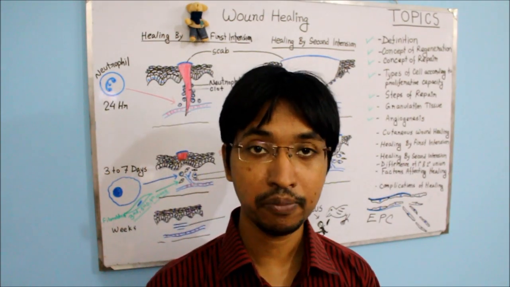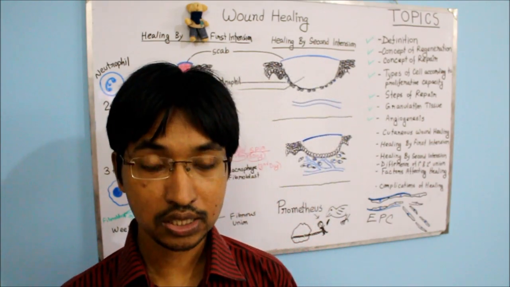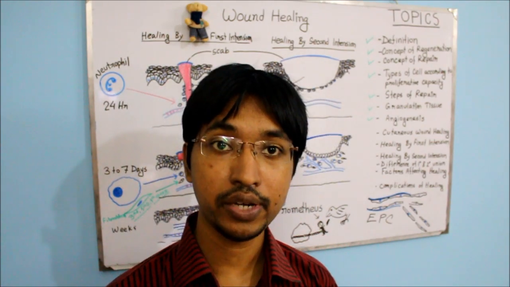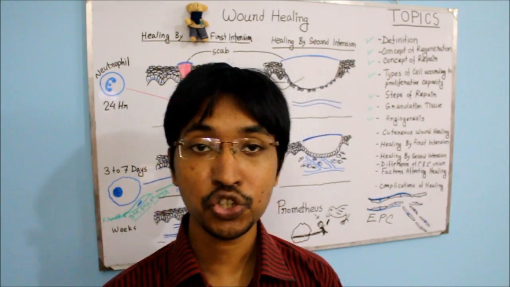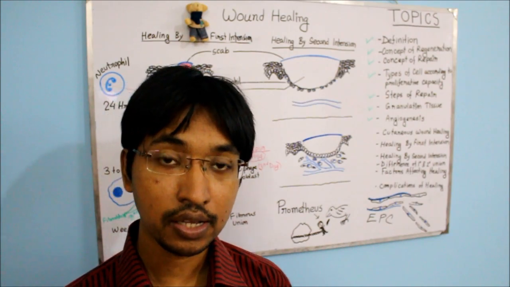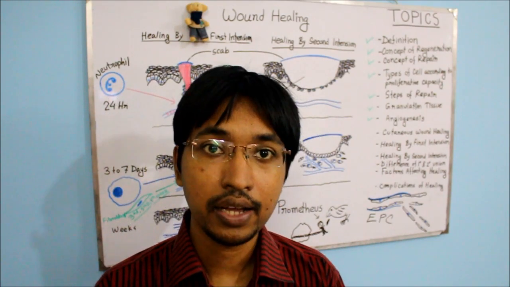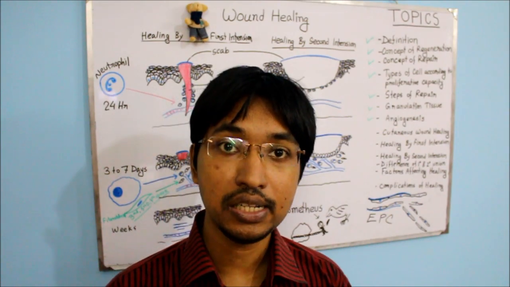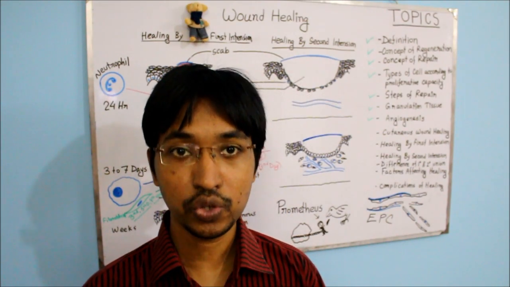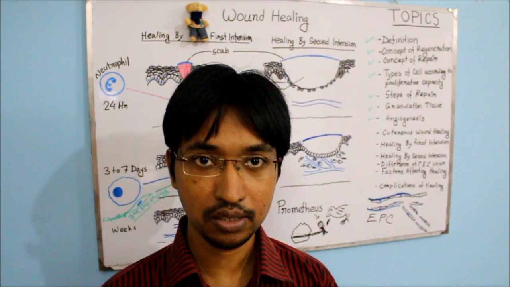So also remember this important point. And later the provisional matrix will be replaced by a second matrix, and there we will have collagen type 1 instead of collagen type 3.